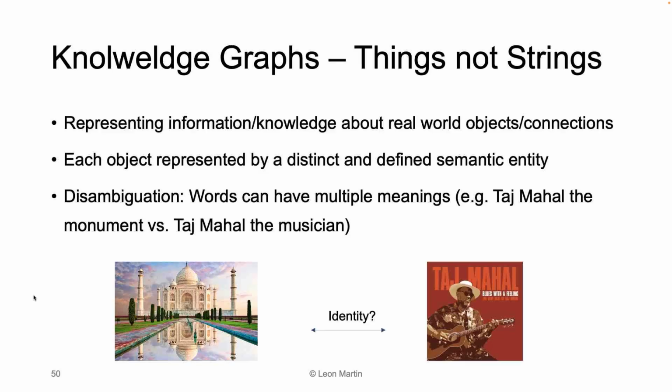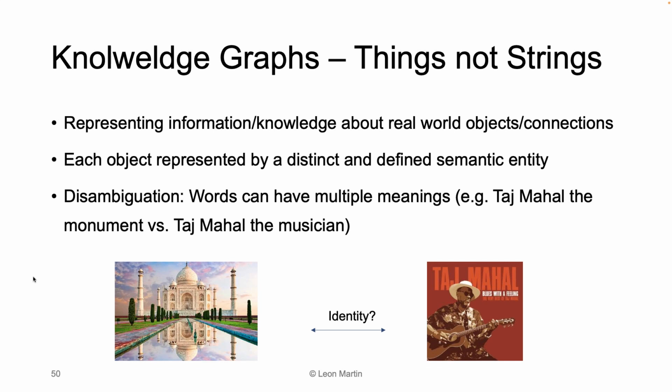So we have a knowledge graph that is a thing, not a string. It represents knowledge about real-world objects and real-world connections. And each object inside this knowledge graph is represented by a distinct and defined semantic entity with a distinct URI.